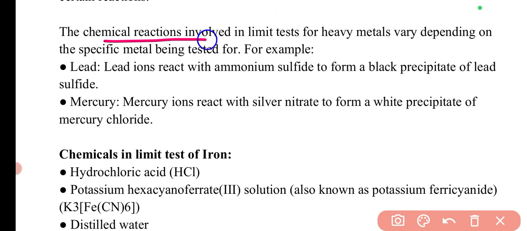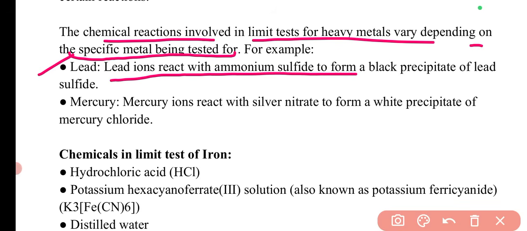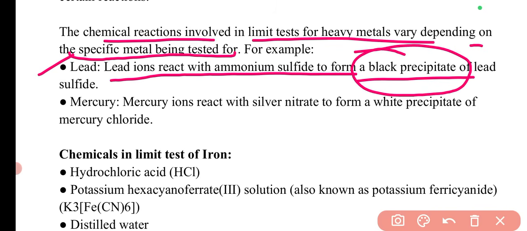So what are the different reactions that will be going on in this? The chemical reaction involved in the limit test for heavy metals depends on the specific metal which is being tested. For example, if lead is being tested, then lead will react with ammonium sulfide to form black precipitate of lead sulfide. This point is very important, like the color of the precipitate.